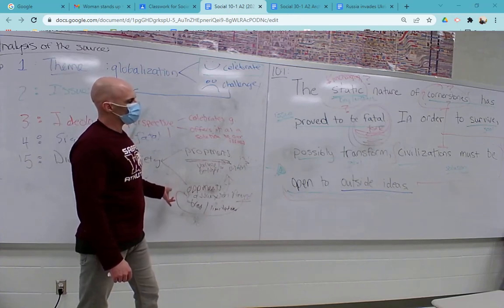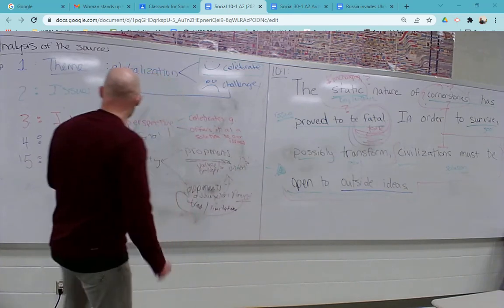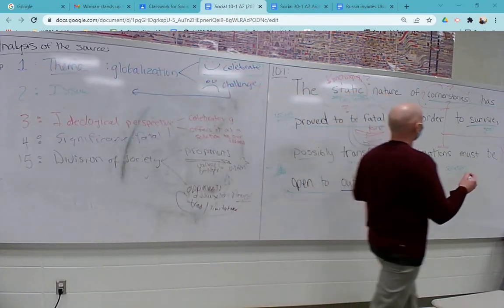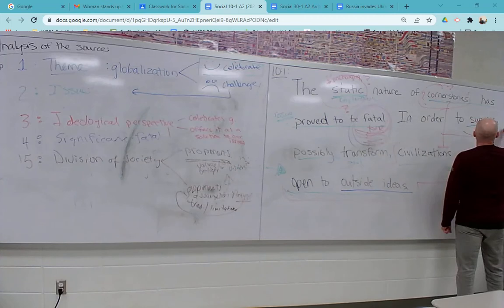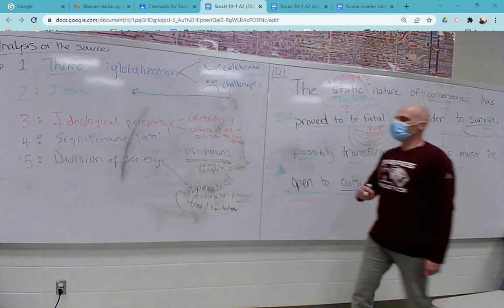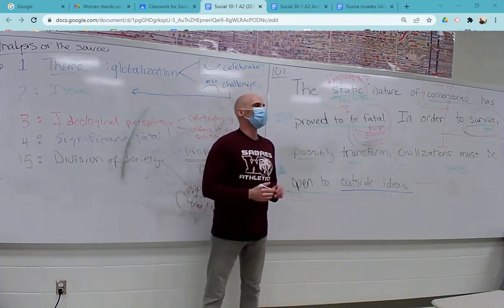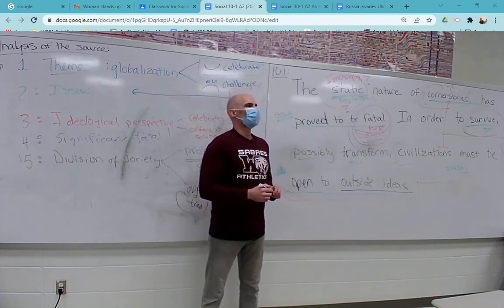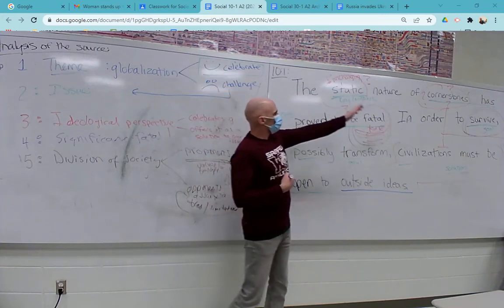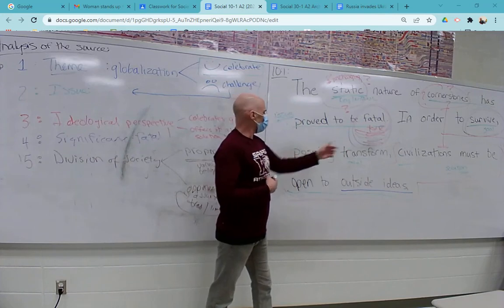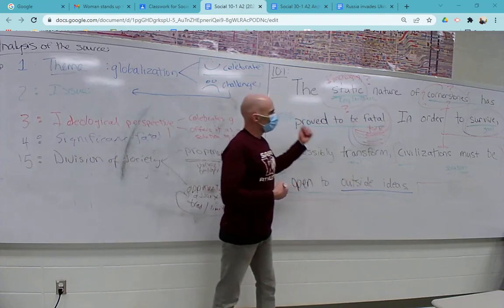An example of the voice of opposition, to go back to the key language part, might be, in order to survive. Critics would say, who's defining what survival looks like? The static nature of Cornerstones has proven to be fatal. In order to survive, civilizations must be open to outside ideas.